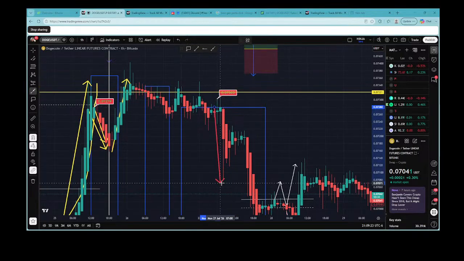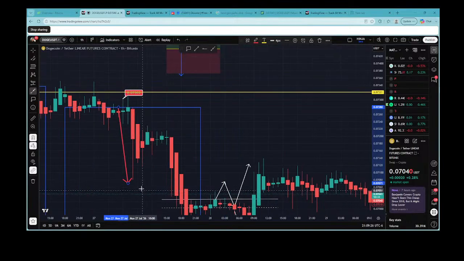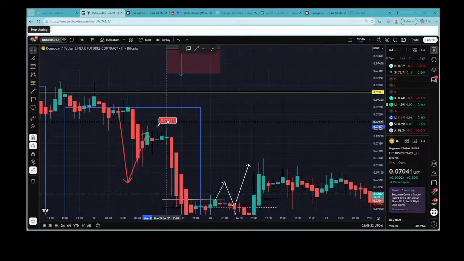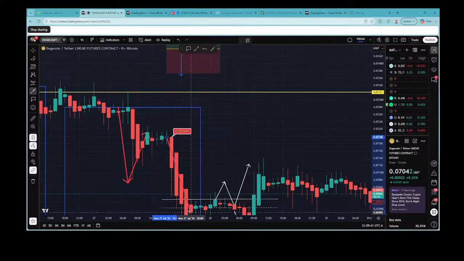That's where I go, okay, I'm buying the bounce, because that's wave 1. Now I get in anywhere from here, here, and I get wave 3.